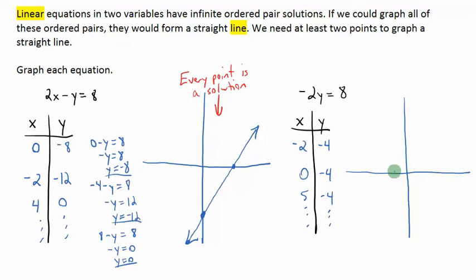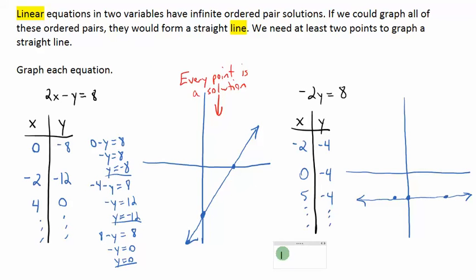Negative 2, negative 4 is down here, let's say. 0, negative 4 is right there. And 5, negative 4 is down here. And I know it makes a line because it's a linear equation. And what we get is a horizontal line. Again, every point on this graph is a solution to that equation.